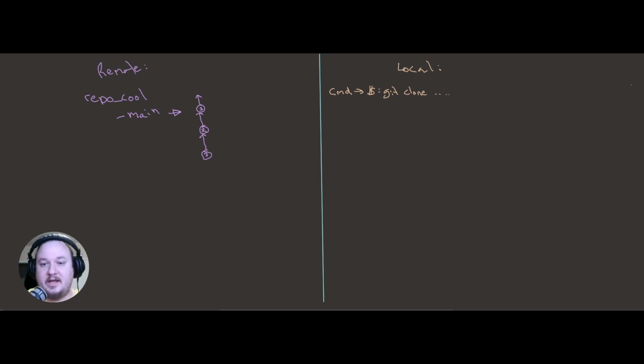Okay, cool. And so at the end of that, we get a prize, and that prize is a directory called repo cool. And that has in it all the files that would be in it. So that also has our .git directory, signifying the fact that it is a Git repository.